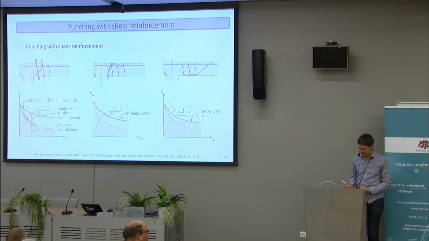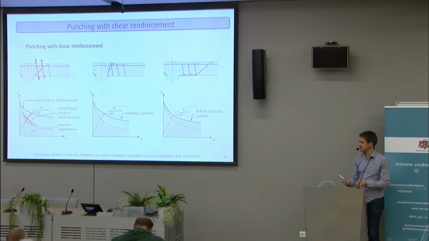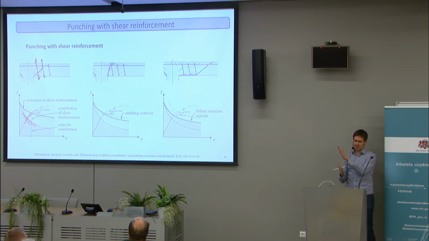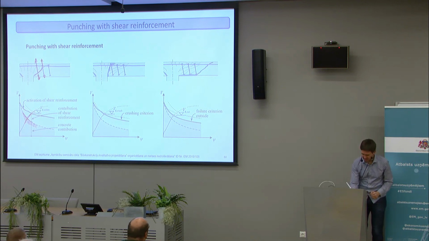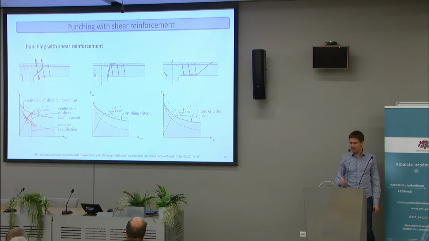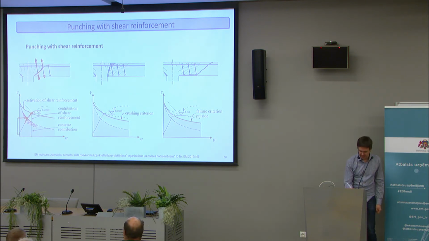In that case, we see that actually the concrete contribution decreases when we increase the rotation, because the cracks get wider. So if we are already here with a load rotation curve, then the original strength of the slab without shear reinforcement would have been that much, but at this rotation, the concrete contribution is already smaller.